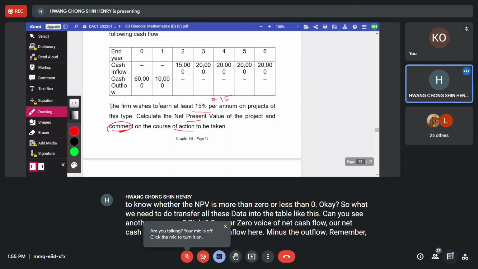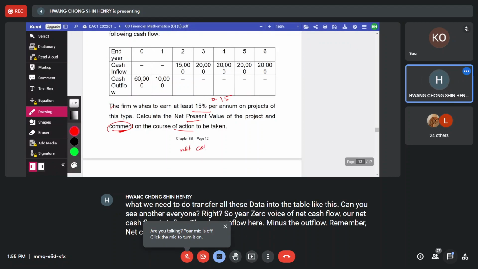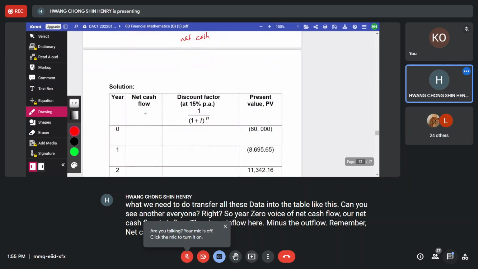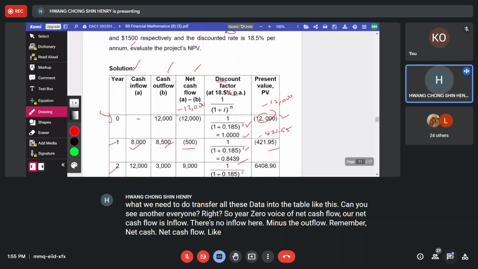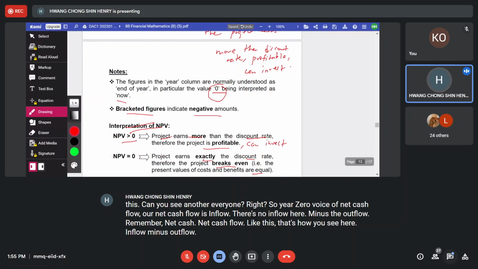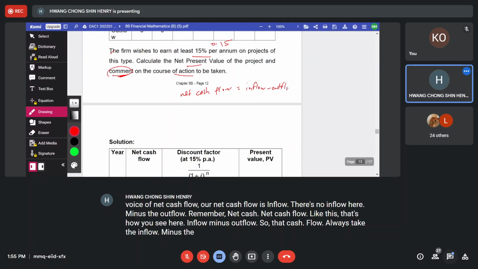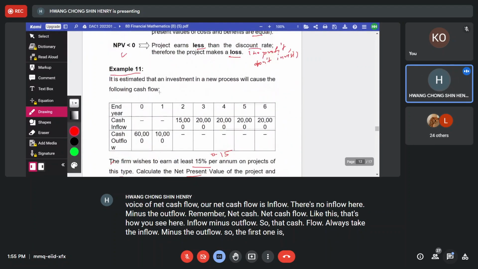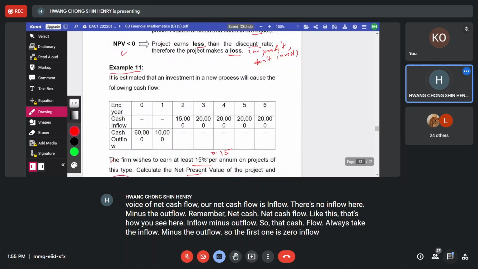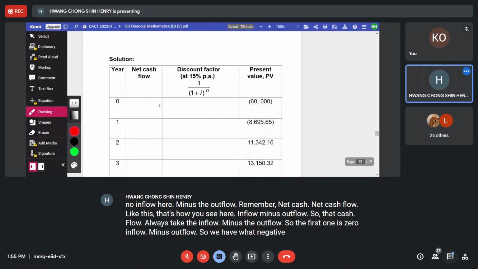Remember, net cash flow, always take the inflow minus the outflow. So the first one is 0 inflow minus outflow. So we have negative 60,000.